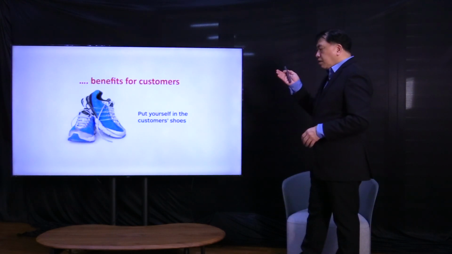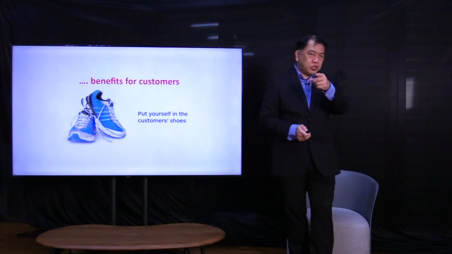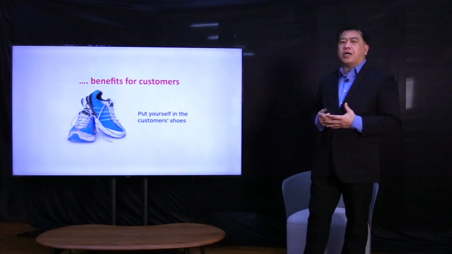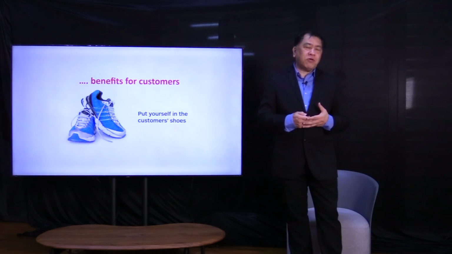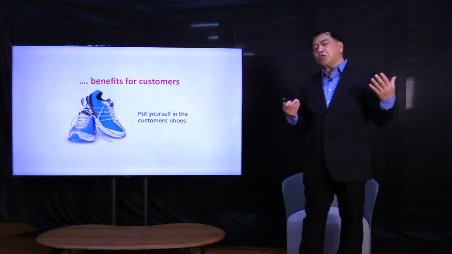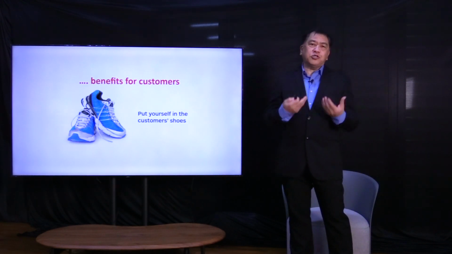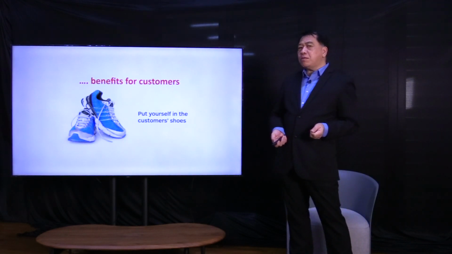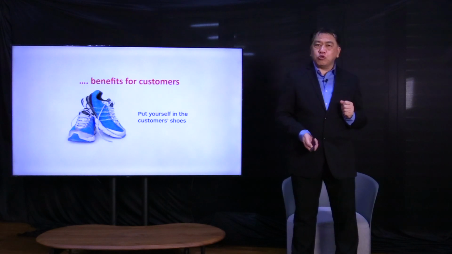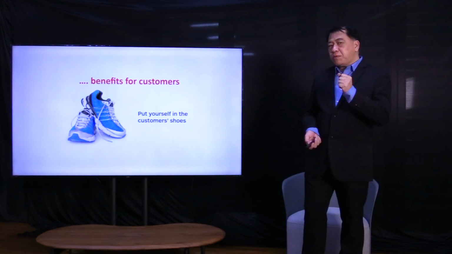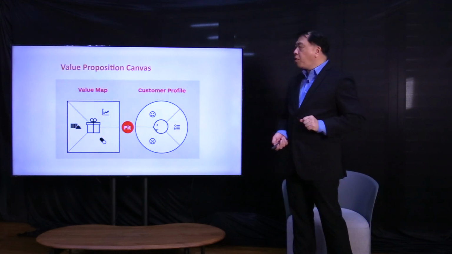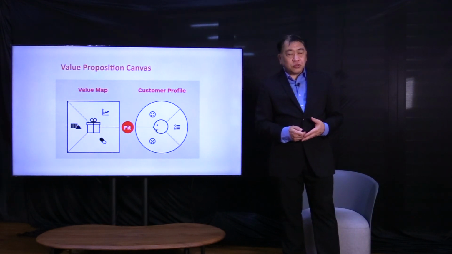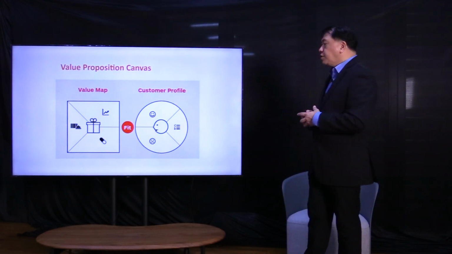And you put yourself in the customer's shoes, which is design thinking. And therefore, we should have a persona. In design thinking, we have a persona, and we map it through its journey. When we map it through its journey, then we discover certain problems, and based on the problems, we can then decide what kind of jobs this person needs in order to solve the problem. And therefore, the value proposition canvas is actually a prototyping tool for the product concept.